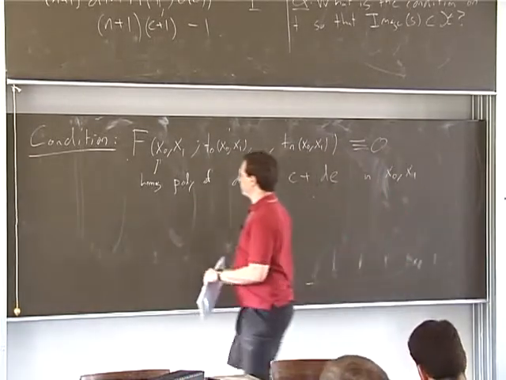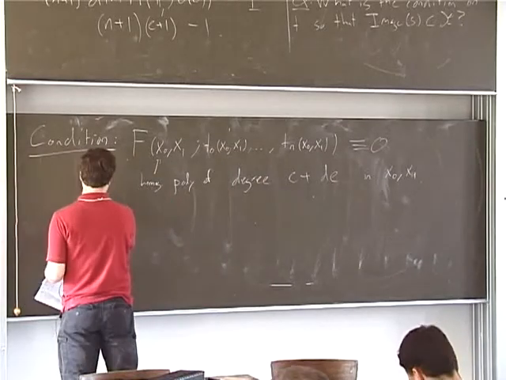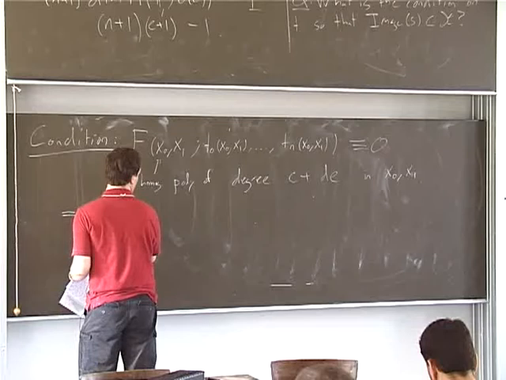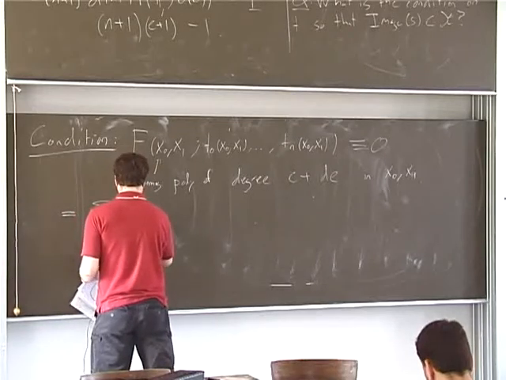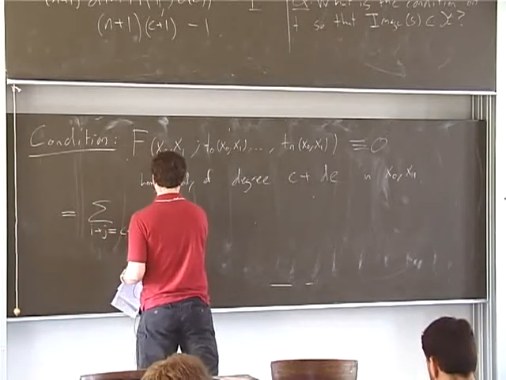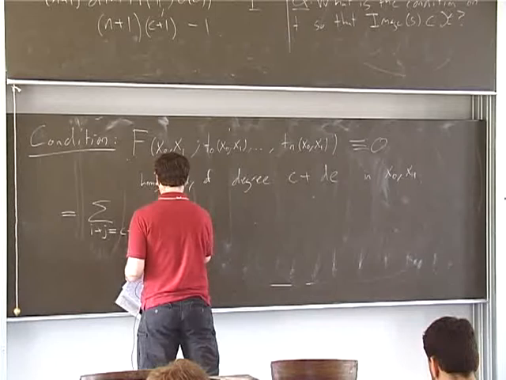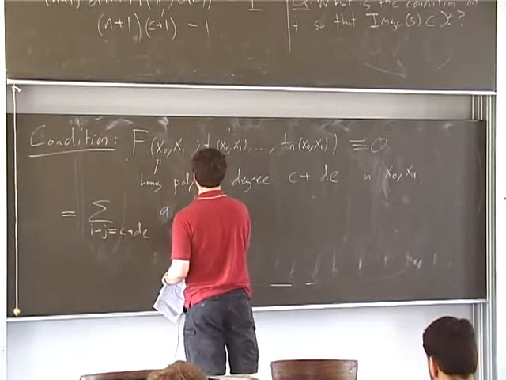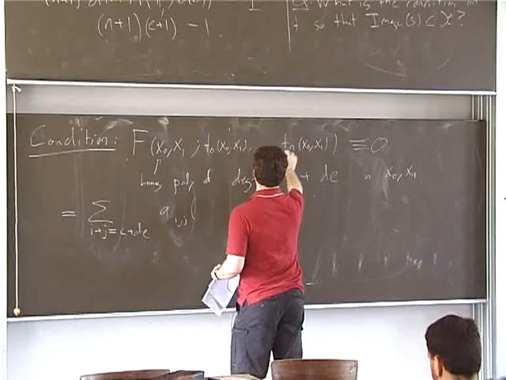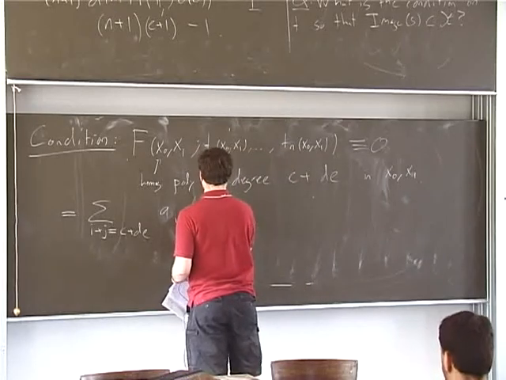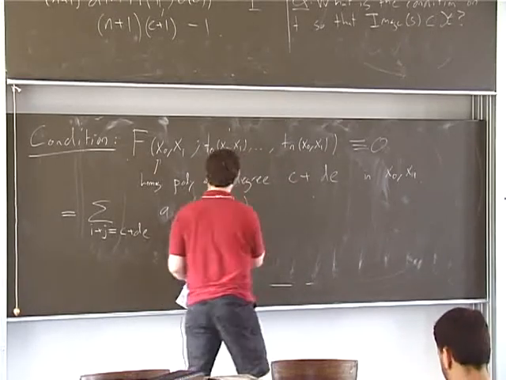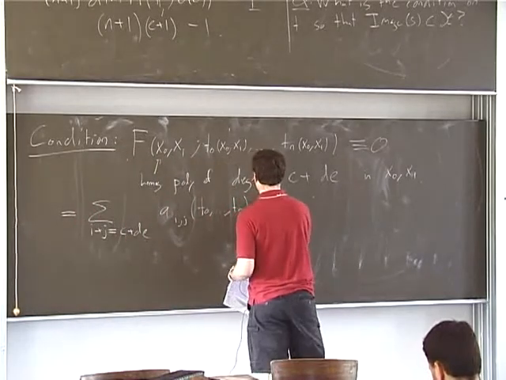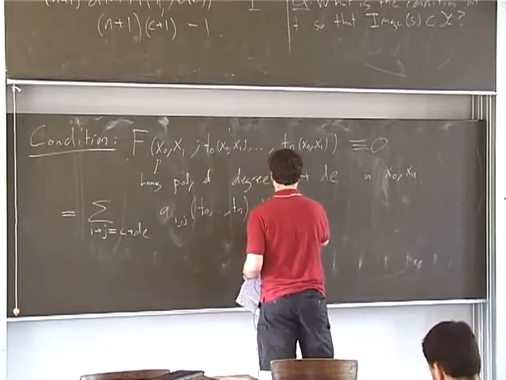So at least in principle, we could expand this out as a sum over i plus j equals c plus de of some a_ij, let me use a because I'm already using c. What I really mean is that it will depend on the coefficients of T0 through Tn, times x0 to the i, x1 to the j.